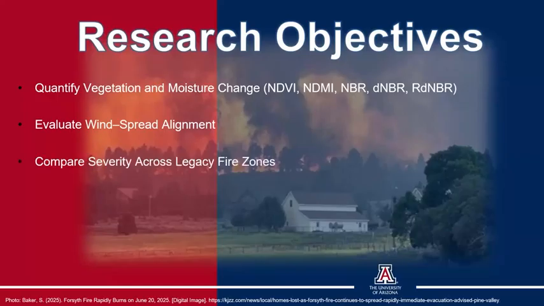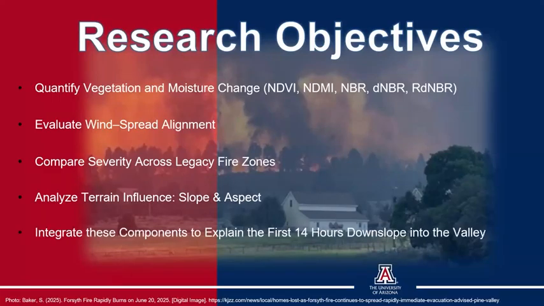I compared burn severity across 4 legacy fire zones to understand whether past fires moderated or amplified severity. I examined how slope, aspect, and solar exposure influence both moisture loss and fire intensity. I integrated these components to understand how terrain, wind, and disturbance history shaped the Forsyth Fire's rapid movement in its first 14 hours.